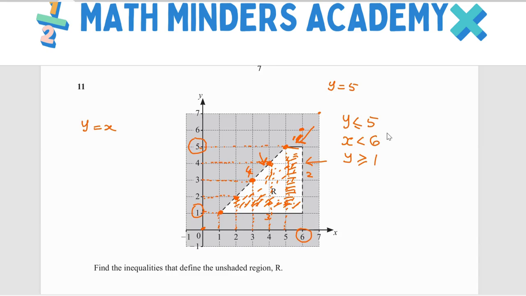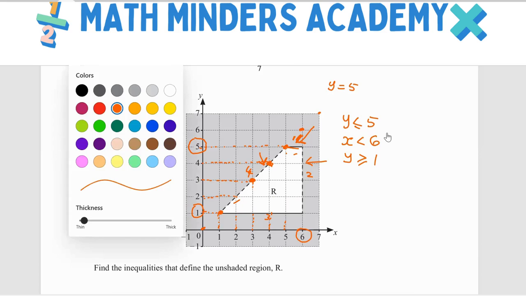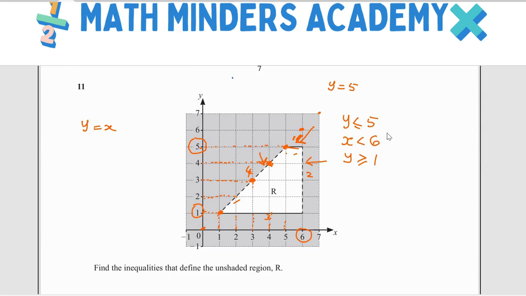Now, inside this shape, what kind of values do we have so that we will know the right inequality symbol to use? What we are going to do is pick some coordinates and use them to determine the right inequality symbol. If we pick this point here, this is where S is 4, Y is 3.